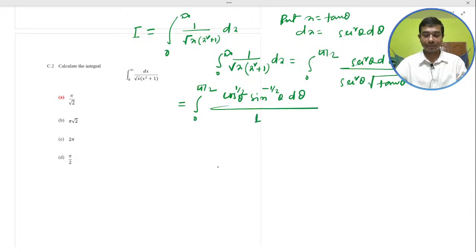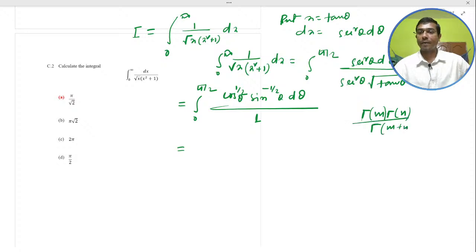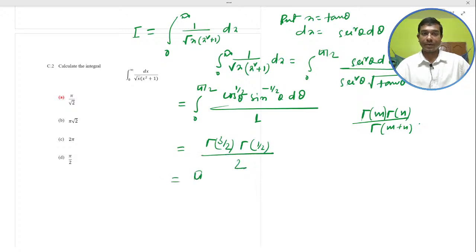You will now use the gamma function, gamma m gamma n by gamma m plus n. This becomes gamma 3 by 2 gamma half divided by 2, which would become pi by 4.